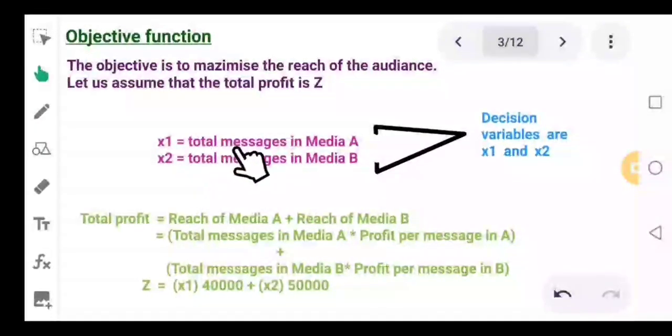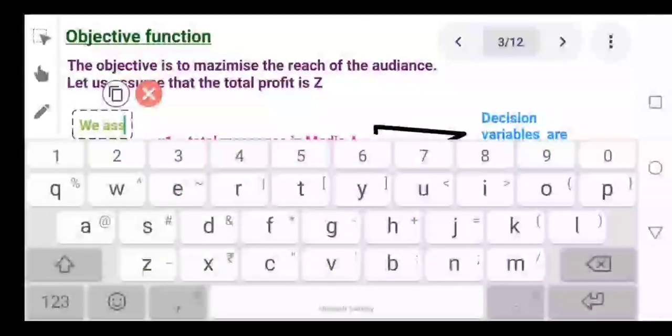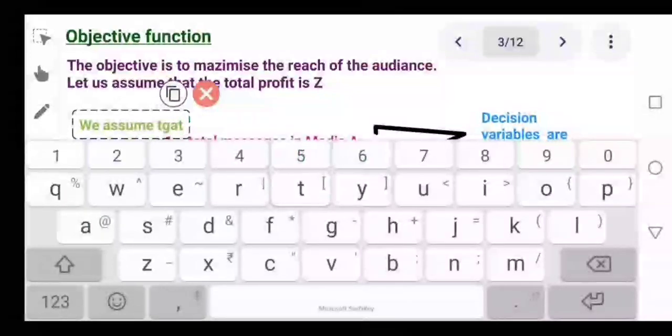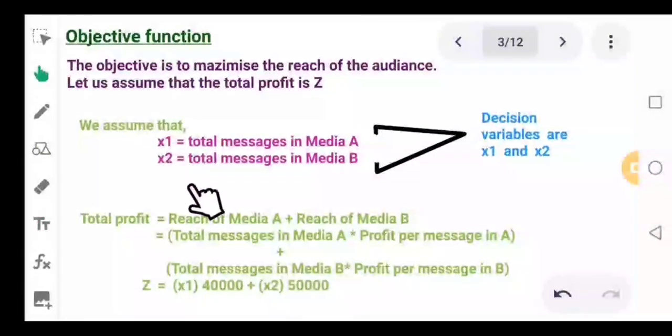I am going to assume that x1 is total messages in media A, and x2 is the total messages in media B. And x1 and x2 are the decision variables. Now we replace it so that we get a linear equation.